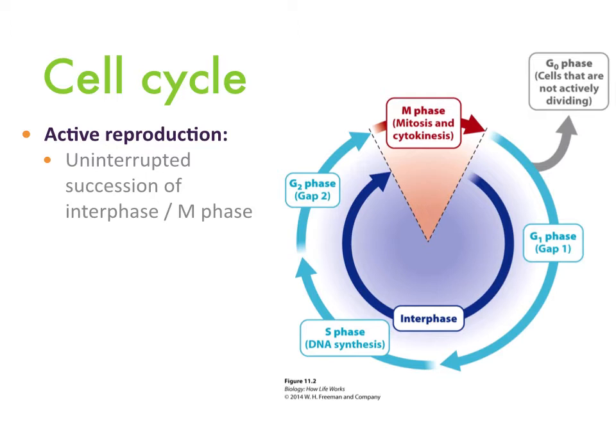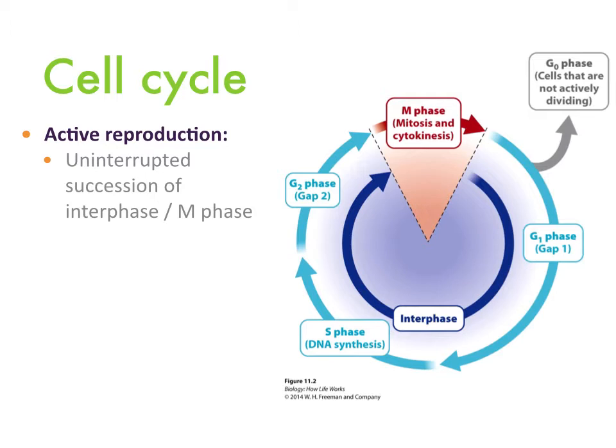So cells are constantly dividing in order to make this new organism grow. It is also the case, for example, when you had a disease that destroyed an organ like the liver, it will be able to regrow after a phase of active reproduction of the cells. So in this case, you will have an almost uninterrupted succession of these interphase and M phases.